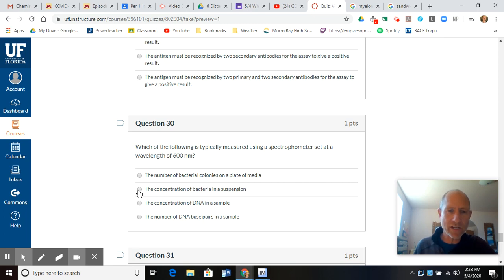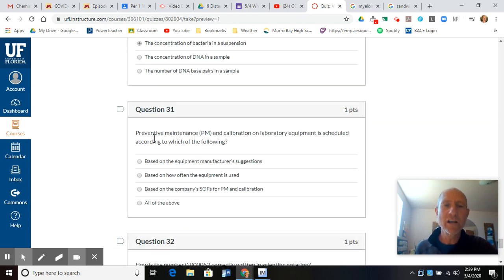So the concentration of bacteria. If it was DNA, we'd have to use 260 nanometers. 600 nanometers for bacteria, 260 nanometers for DNA, 280 nanometers for proteins. That's what wavelength those different things party at.